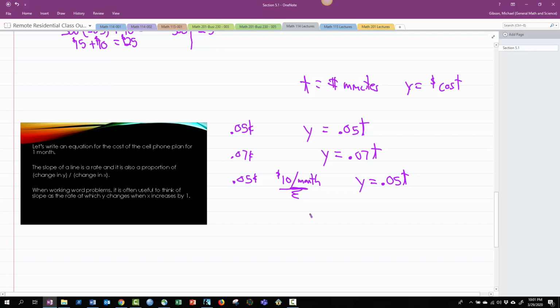You remember that the slope-intercept form is Y equals mx, or in this case mt, if you will, plus b. Well, the b here, when there's a fixed cost, is the b. That fixed cost is $10, so it's plus 10.